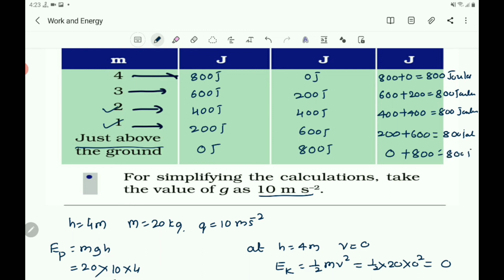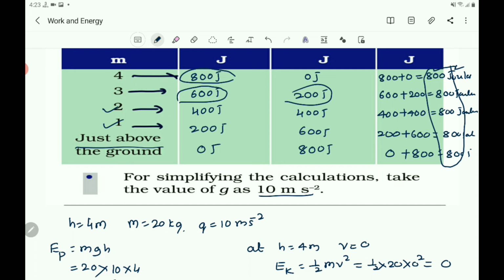So here what you can observe is that the sum of potential energy and kinetic energy remains constant throughout its path. Here see, at the top it is 800 plus 0, you got 800 joules. At a height of 3 meters, 600 plus 200, again it is 800.